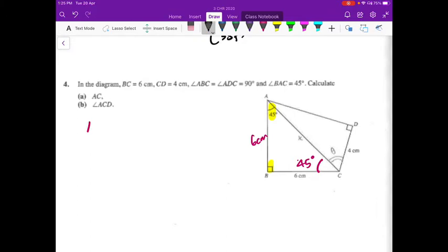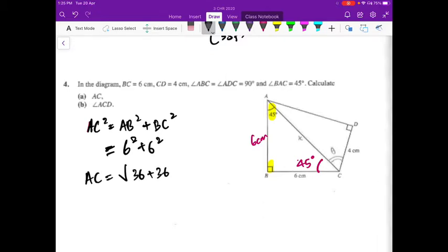AC square equals AB square plus BC square. So that gives us 6 square plus 6 square. So AC must be square root 36 plus 36. Okay, 3SF for AC.